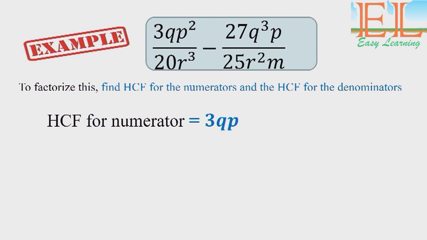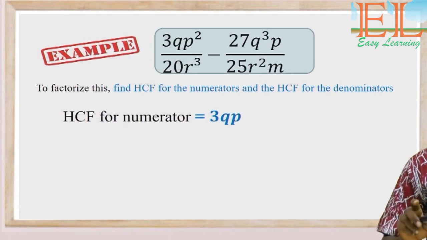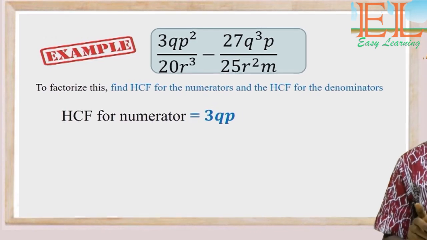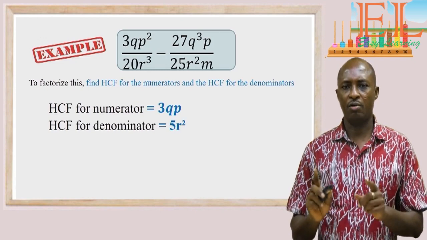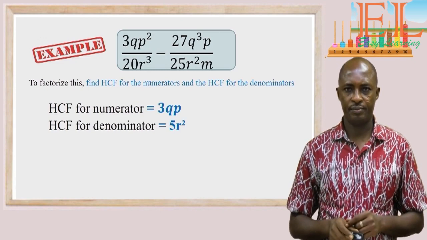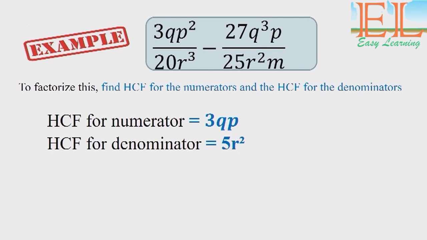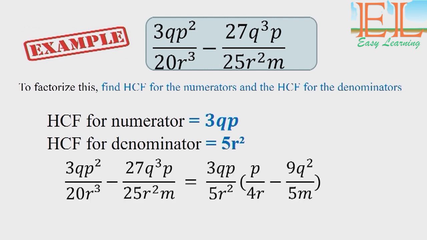So our HCF is 3qp. And when we consider the denominator, you realize that 5r squared is our HCF. So here we can now factorize and we write our HCFs out: 3qp divided by 5r squared times, then open the brackets.